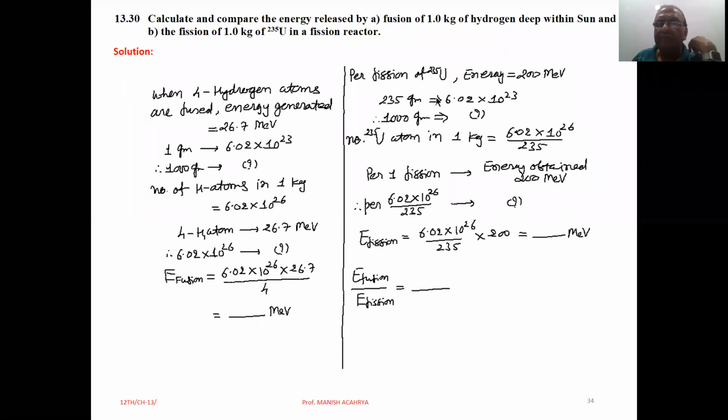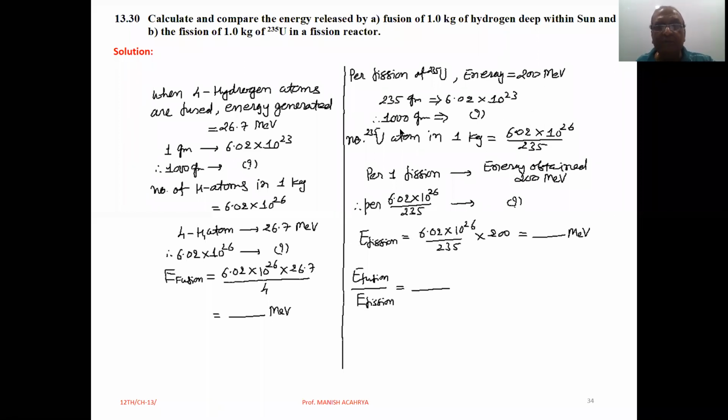Now we have to take fission of 1 kilogram of uranium in a fission reactor. Per fission of U-235, we get energy of 200 MeV. In the theory of nuclear reactor, we discussed this. Now we want fission of 1 kilogram, so first of all, we have to calculate the number of atoms in 1 kilogram. In 235 gram, the number of atoms is 6.02 into 10 raised to 23.